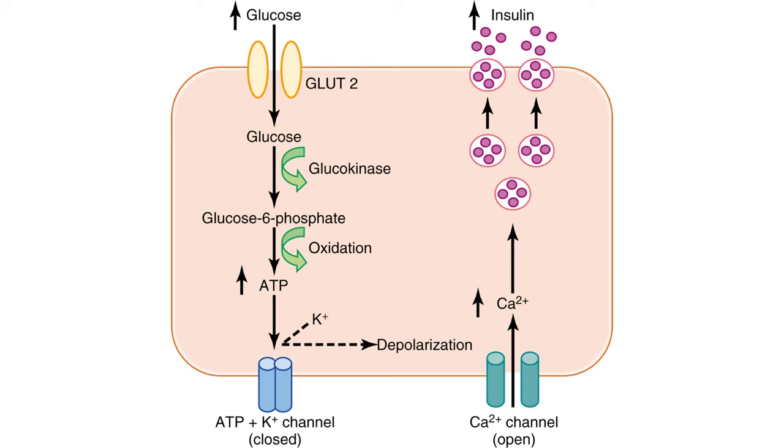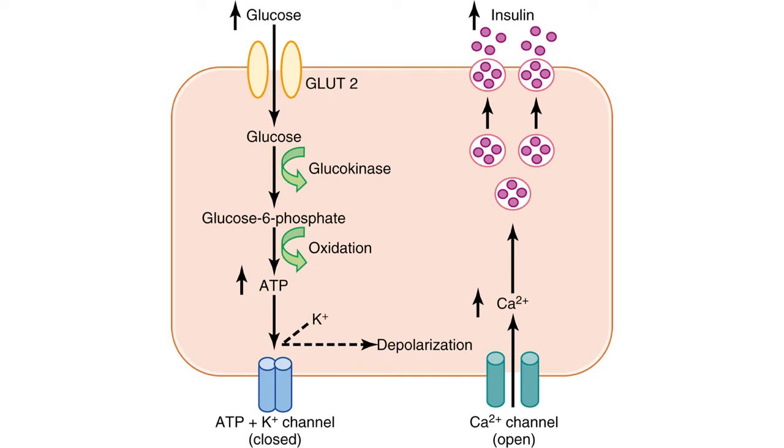So, this high level of glucose will then be encountered by the beta cell, which is shown here. So, this is the beta cell. The high levels of glucose, the glucose in particular, will enter the beta cell through the glucose transporter type 2 or GLUT2.